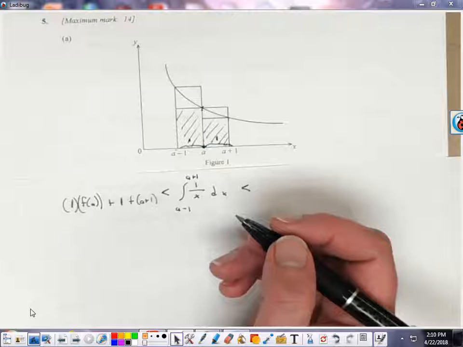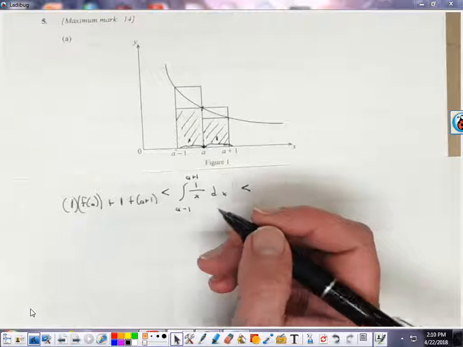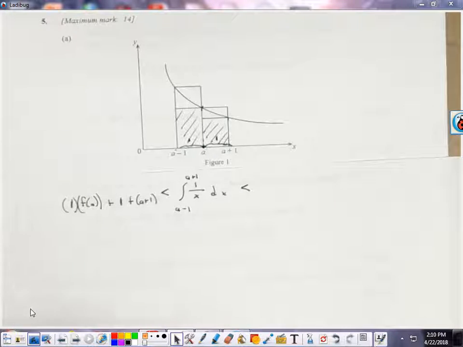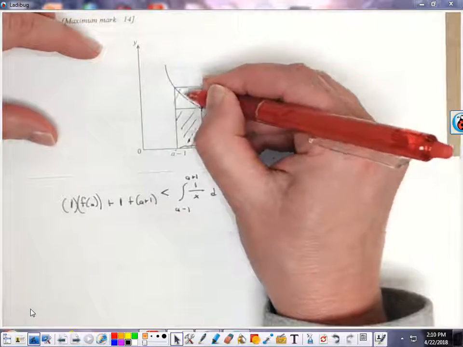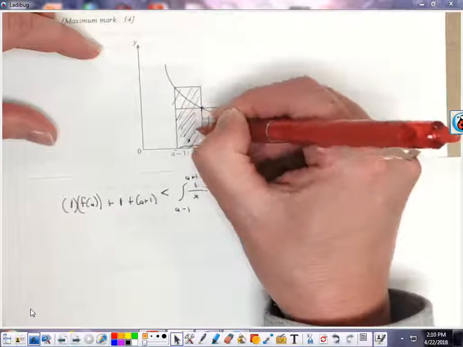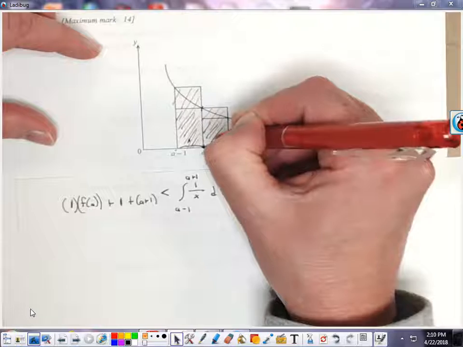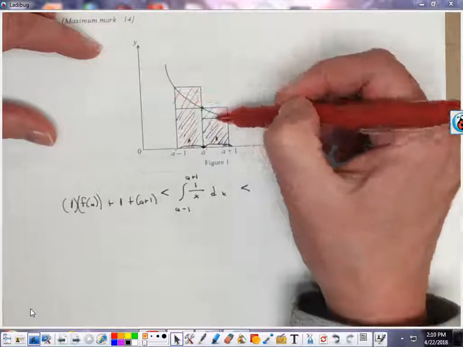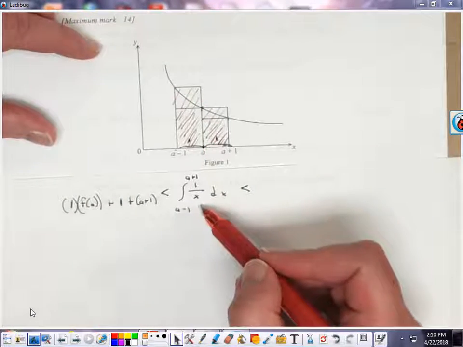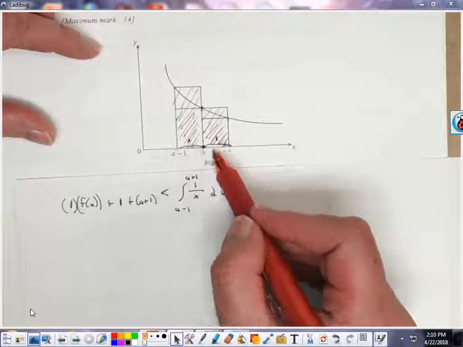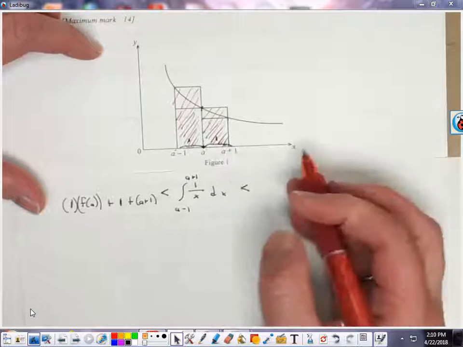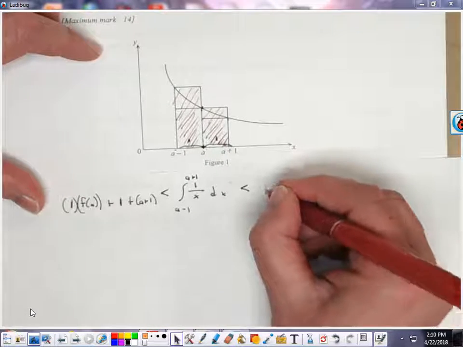And so that's something that's lower than it, and then what I'm going to go for is the larger rectangles are certainly above. So if I look at these whole things, that area would be higher than the area under this curve. Again, these are still 1 wide. So this one would be 1 wide.